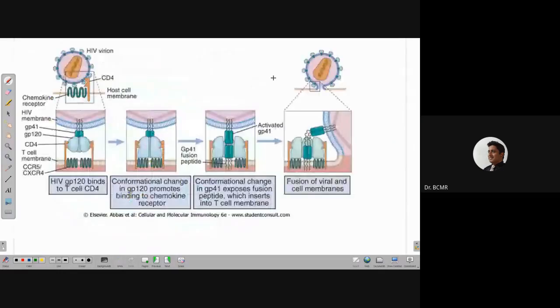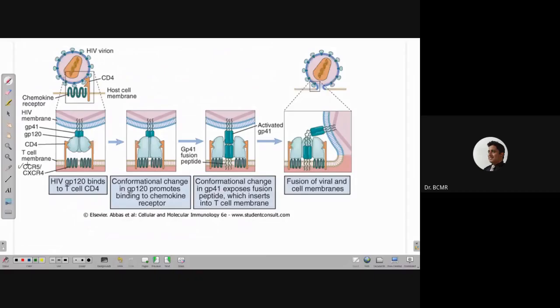Through the story of the Berlin patient, we learned about one of the variants. It's about CCR5. The HIV requires certain factors for adhesion to the target cells and then being taken up by the target cells.